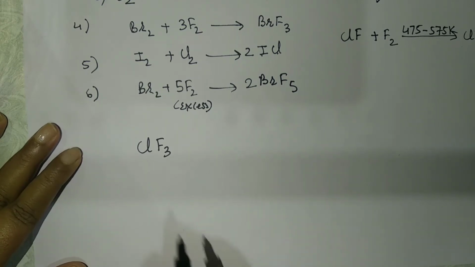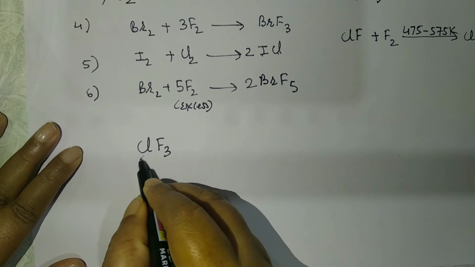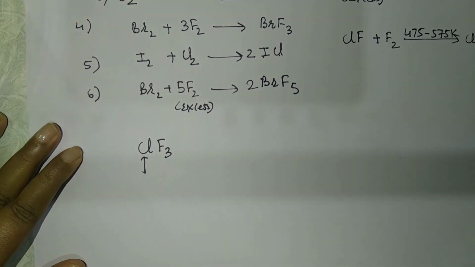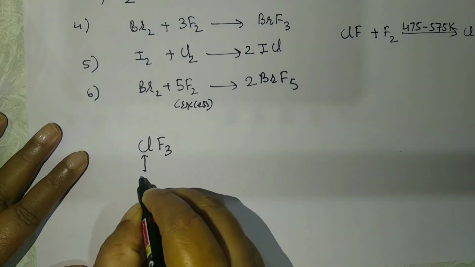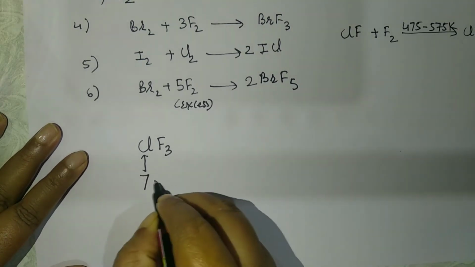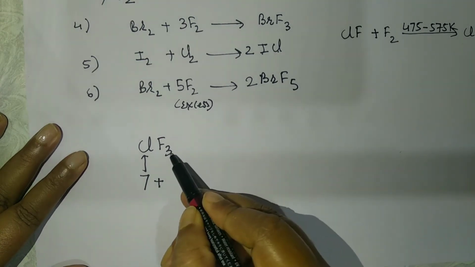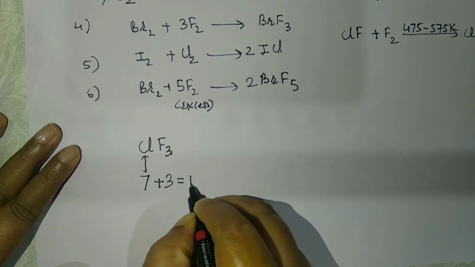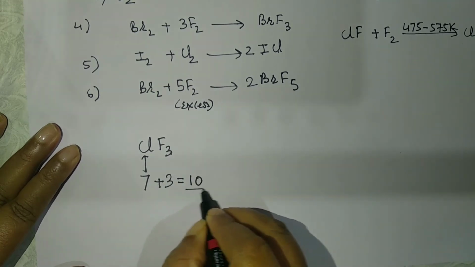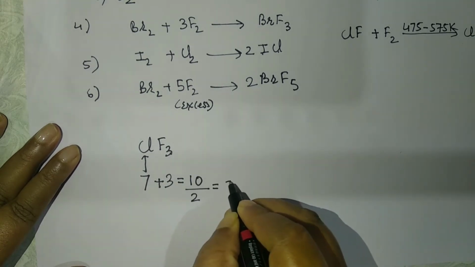What you have to do is see the central atom. The central atom is from the 17th group, so it must have 7 electrons in its valence shell. So I will write here 7 plus the connecting monovalent atoms, they are 3. So the total comes out to be 10. I will divide this by 2, I get 5.